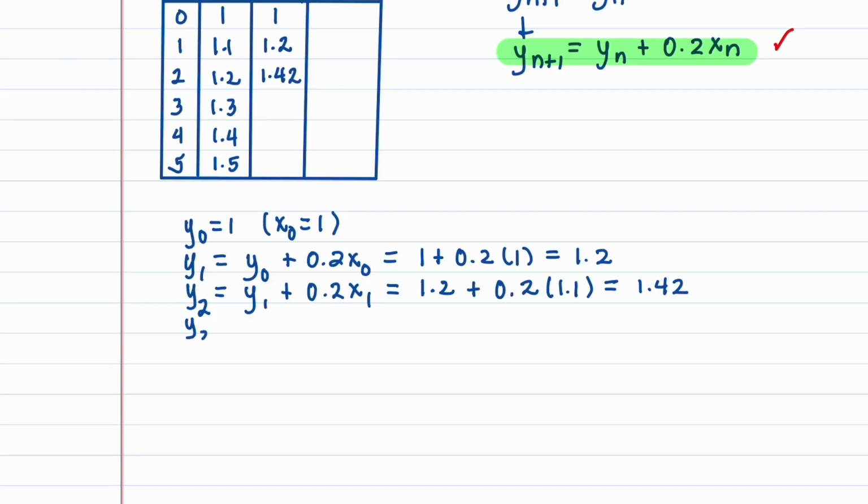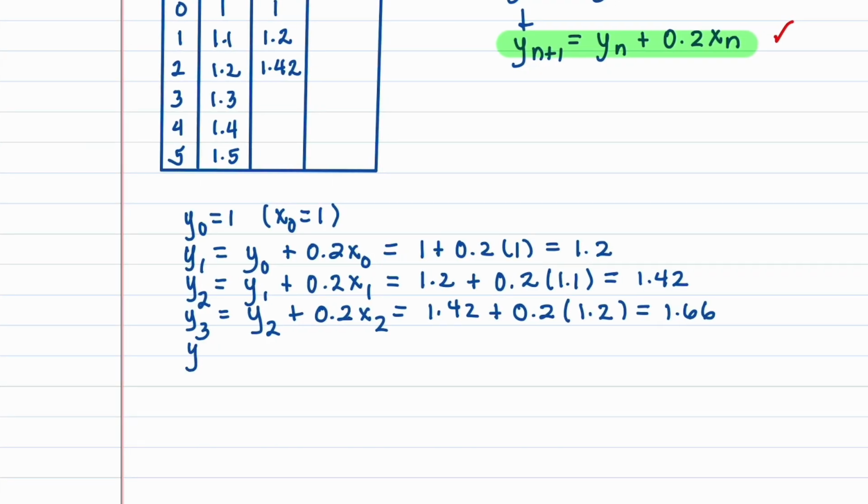Now we're going to compute y3. It is equal to y2 plus 0.2 times x2. y2 was 1.42. And then we multiply 0.2 times x2, which is 1.2, and we get a value of 1.66. Let's now compute y4.